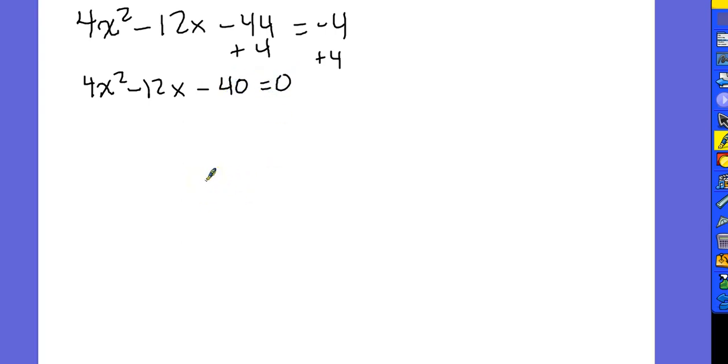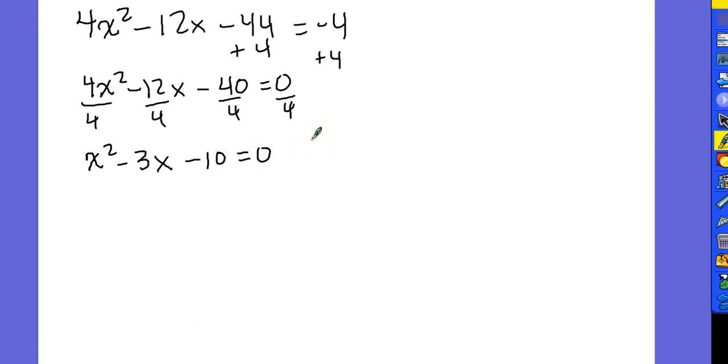I have a really strong urge here to factor out the GCF. How about you? Yeah, what is it? So let's divide everything by 4, even the 0. X squared minus 3x minus 10 equals 0. And I got to tell you, I have a really strong urge to factor this, because it'll factor in 2.5 seconds. I could be done with this problem in 5.